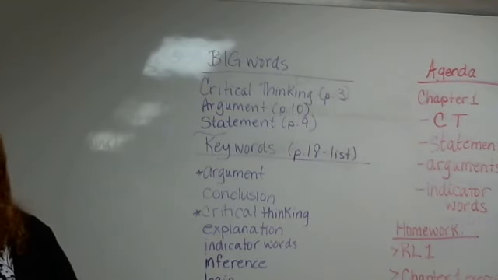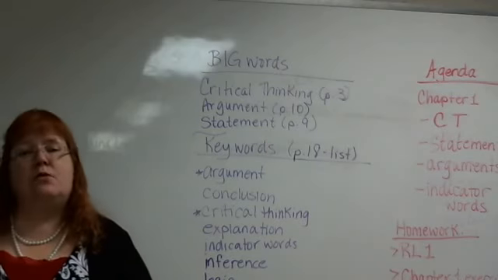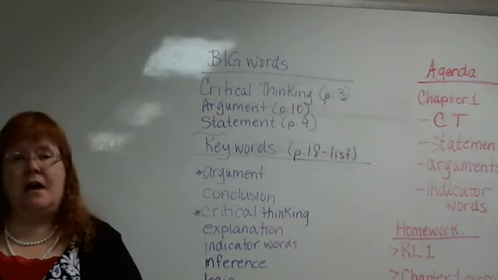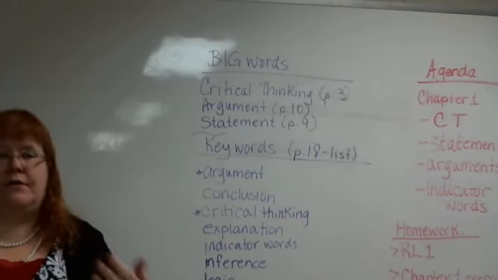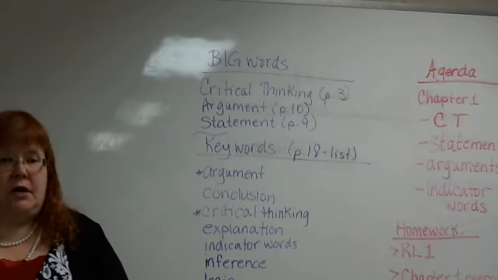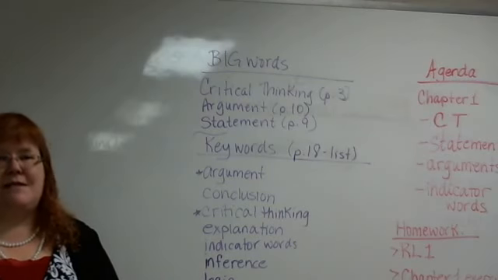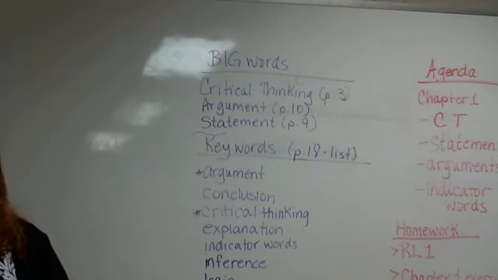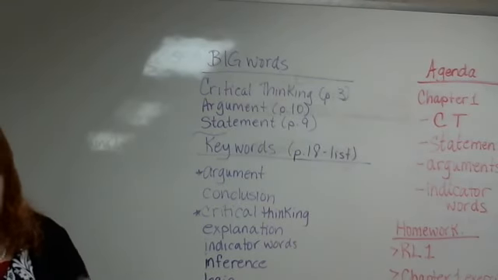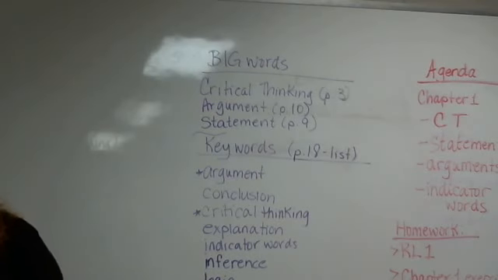Not all arguments have them. Just because there's not a because or so or therefore, it doesn't mean you don't have an argument. These are just really nice, happy things that some authors will give us so we know exactly where we're going. They don't always show up though.